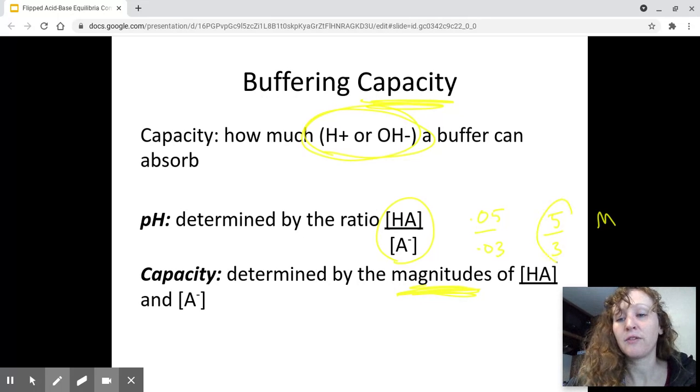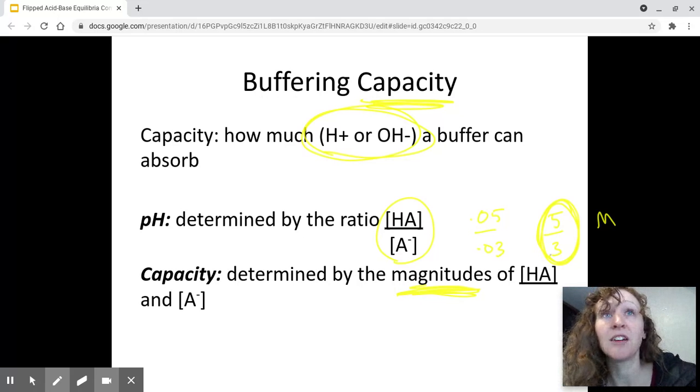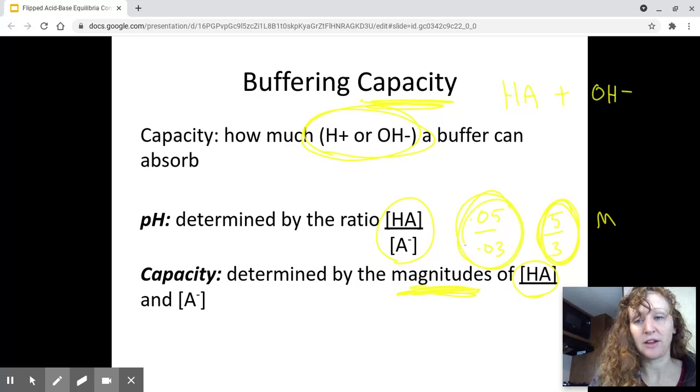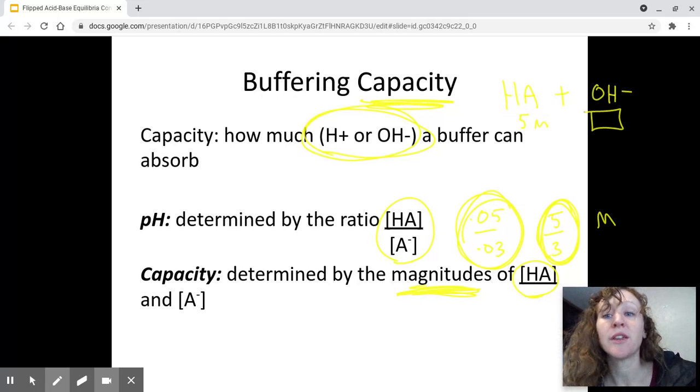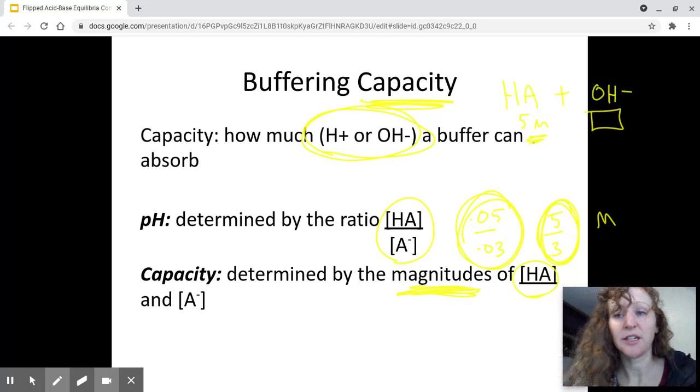If I have 5 molar acid, if I have 5 moles in 1 liter, that weak acid can react with a lot more base than an acid that has 0.05, right? If I have a 5 molar acid, how much base can I add before that weak acid is used up? It's 5 molar, right? I can add up to 5 molar of that acid.